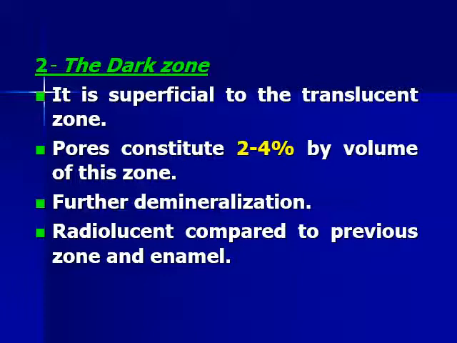But why under the microscope did it look like a dark zone? It looked like a dark zone because after the salts had been removed from this layer, and in the period of remineralization, the repair, some salts from the translucent zone, which is the deeper zone, were precipitated again when the pH went back to normal or a little bit alkaline.